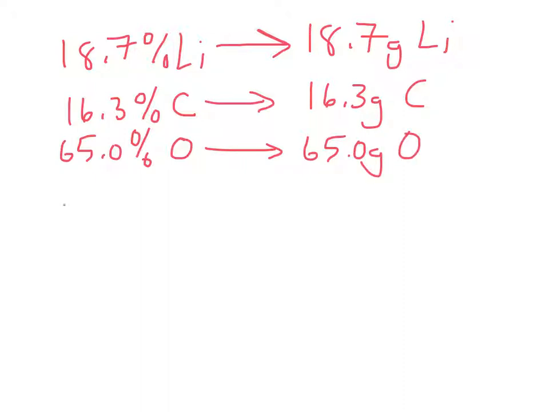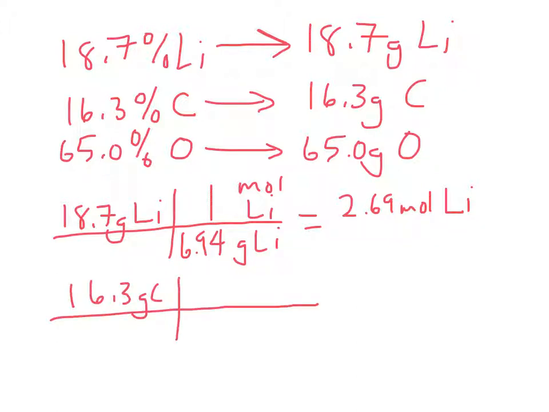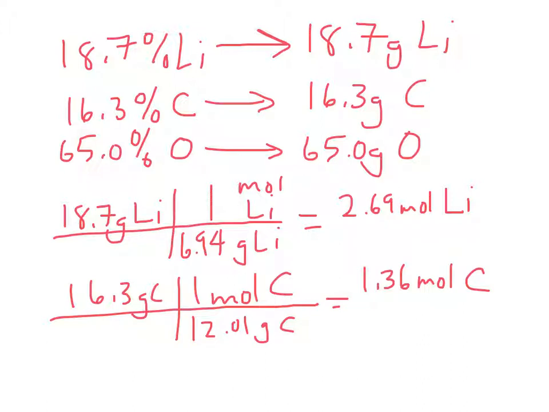Now let's determine the number of moles of each thing. That's 2.69 moles of lithium, 1.36 moles of carbon, and then 65.0 grams of oxygen, 16.00 grams of oxygen with 1 mole of oxygen.